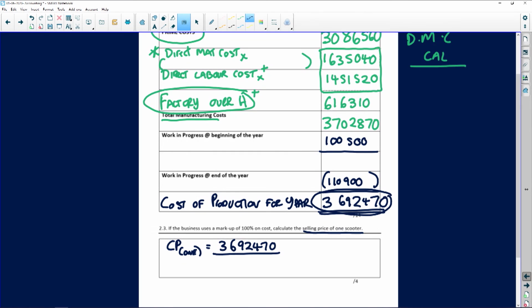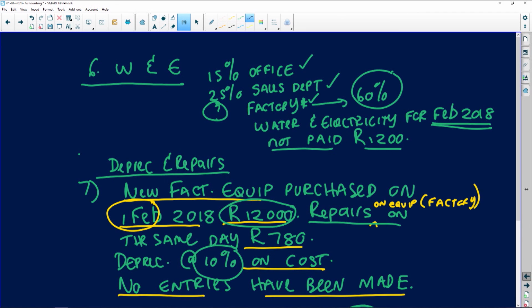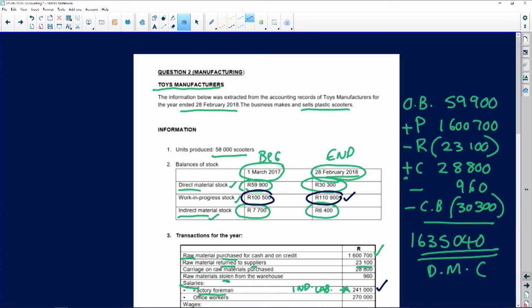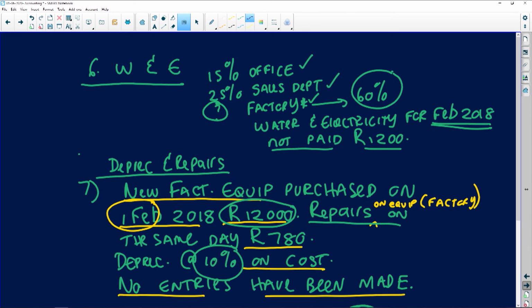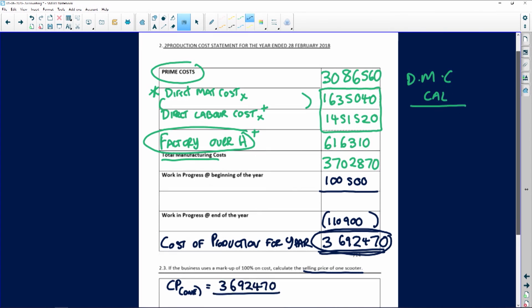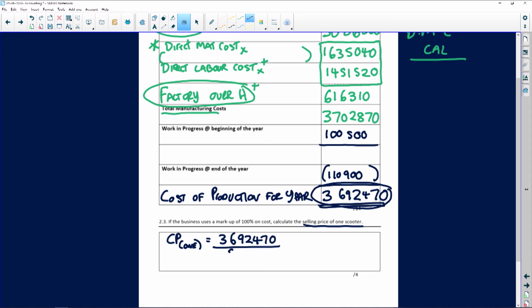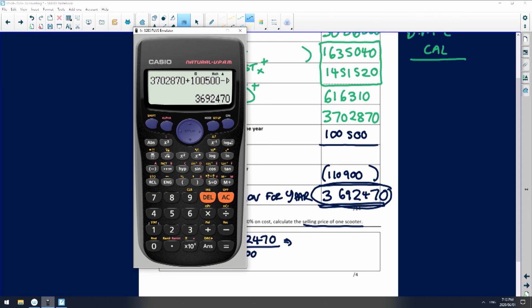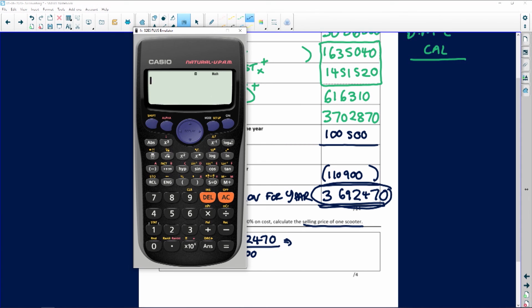So let's go back to our table. I think it was 58,000, but let's just quickly confirm that. So units produced, 58,000, right? And that was the total cost to manufacture 58,000 units. So I'm going to now divide by 58,000. And that should give me a cost price to manufacture one scooter.